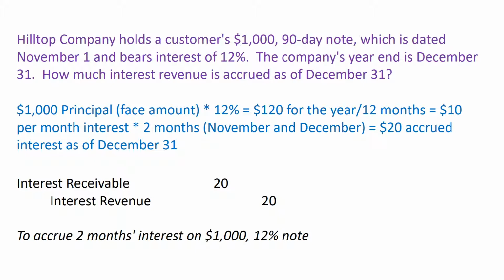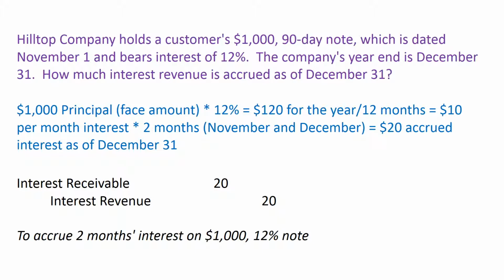As of December 31st, interest has accrued for 2 months, November and December. Applying the formula to compute interest, $1,000 principal or face amount times 12% equals $120 for the year, divided by 12 months equals $10 per month interest, times 2 months, November and December, equals $20 accrued interest as of December 31st.